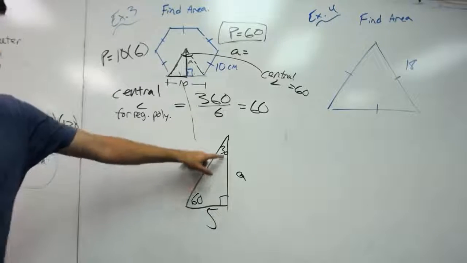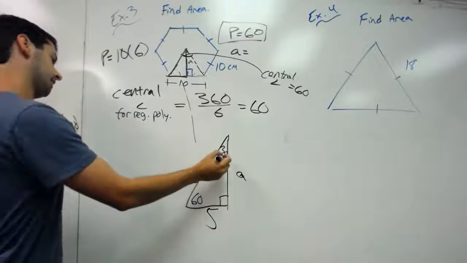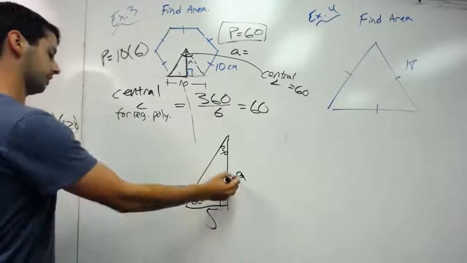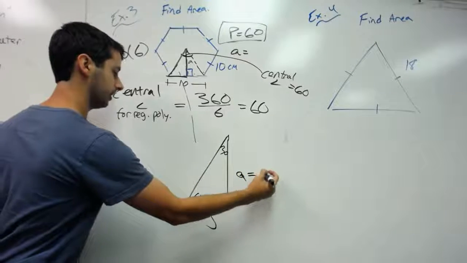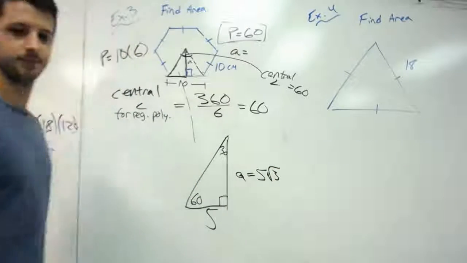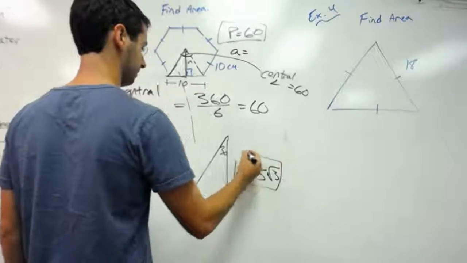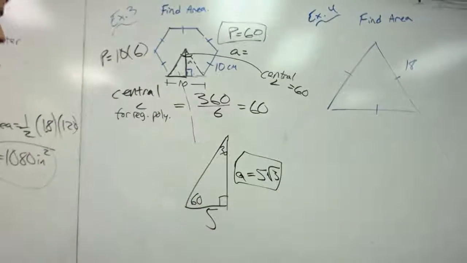And now we can use 30-60-90 triangle principles to figure out our apothem. To get from a short side to a long side, you remember all we did was multiply our short side by radical 3. So therefore, our apothem is 5 radical 3.